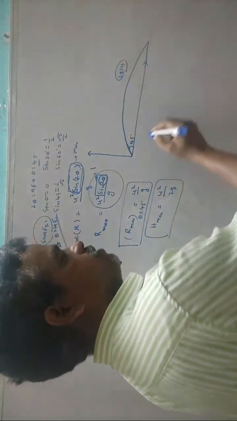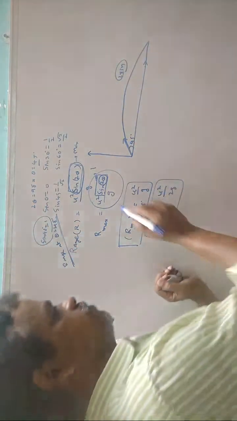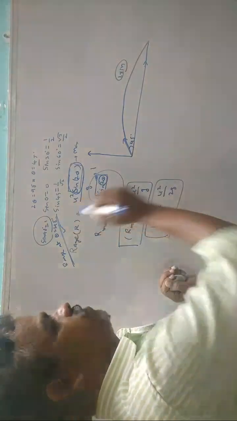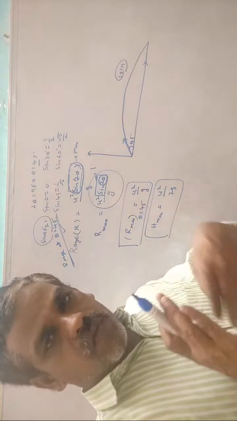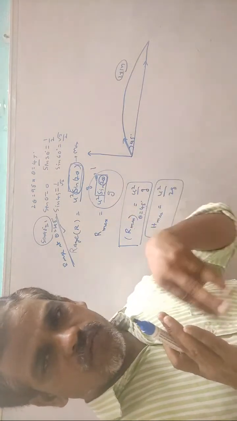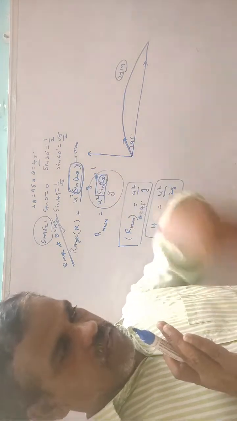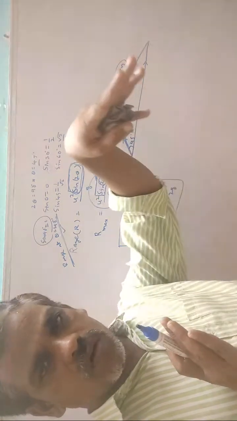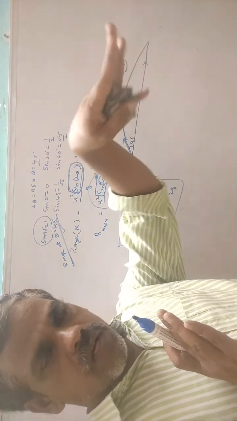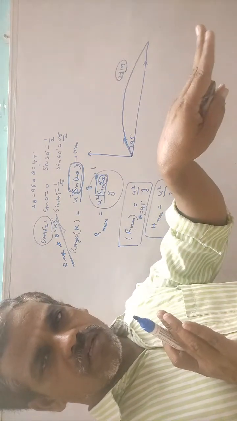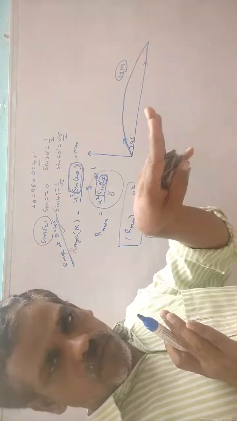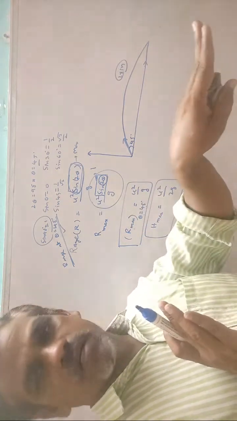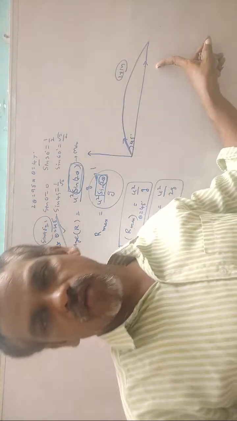Because of theta, the range will be maximum at theta equal to 45. While we are playing cricket also, if we hit a ball and give velocity to it, that velocity should make 45 degrees with the horizontal. If it does, the ball will reach maximum range.